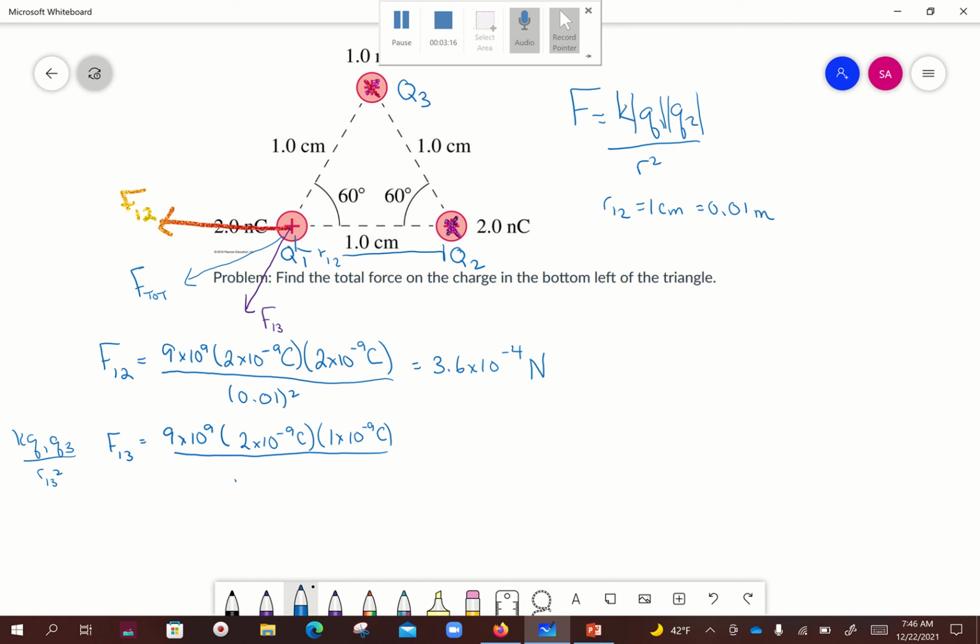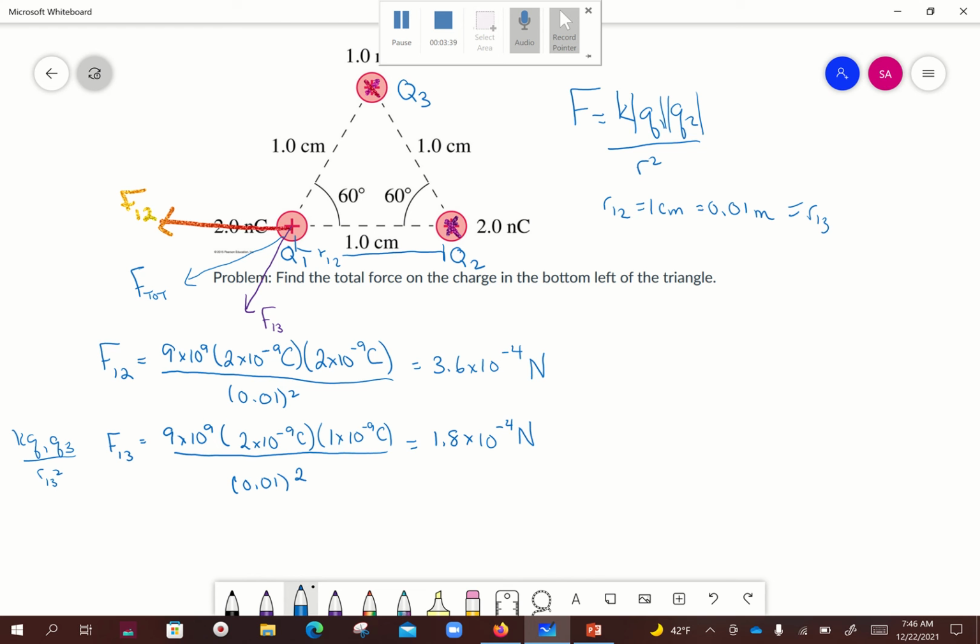R13, since it's an equilateral triangle, is the same as R12: 1 centimeter, 0.01 meter. And I get 1.8 times 10 to the minus 4 newtons. Okay, so I've drawn the forces and found the magnitudes. Now I need to find the vectors and their components.